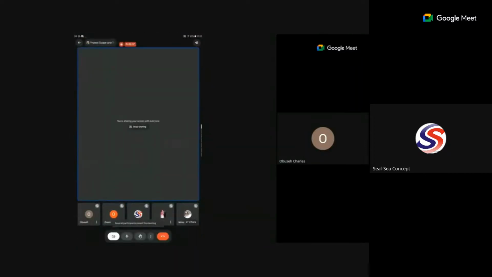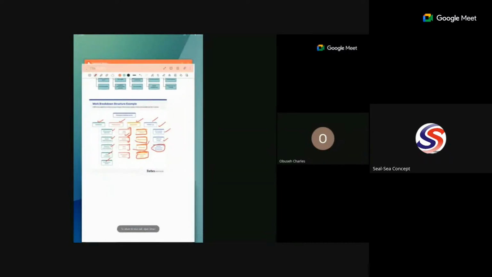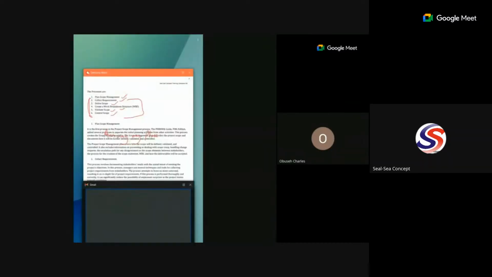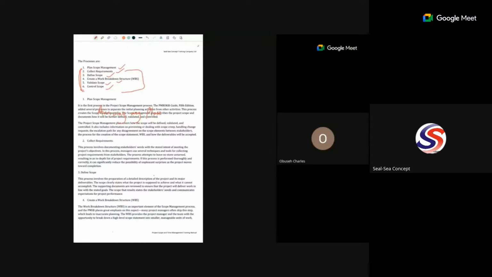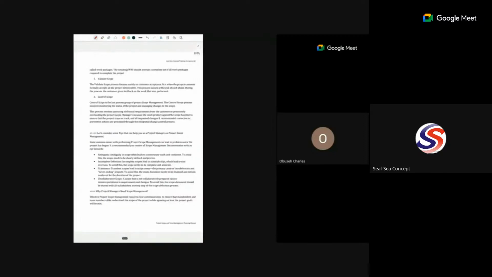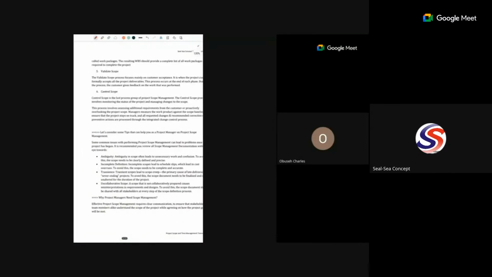So by the grace of God, tomorrow we will continue. We have discussed 4 processes out of 6 processes. So we continue with these 2 other processes under project scope management: validate scope and control scope, and we have a whole lot of other things to discuss alongside our project scope management, so that when it comes to your project scope, managing it will not be a problem.